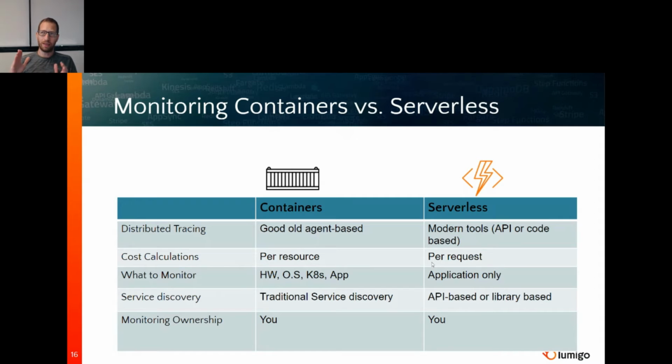Because think about a serverless application: I have an API gateway triggering a Lambda, writing something to SNS, triggering a Lambda, writing something to S3. I can actually put a price tag on it if I know the time they run, the memory, etc. I can tell you exactly how much that cost.